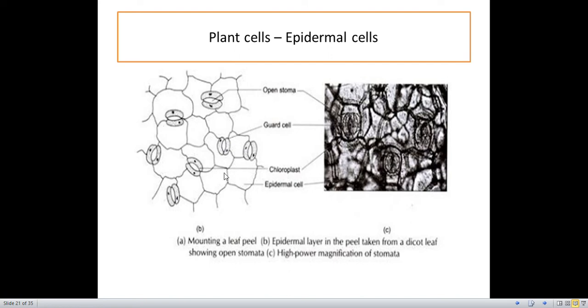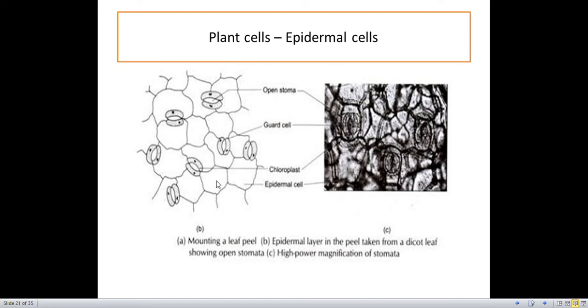Normal epidermal cells can be seen, and you will be able to identify guard cells like this. Now these are the guard cells. In between the guard cells there is a pore called stomata. You will be able to identify stoma, guard cells and epidermal cells.